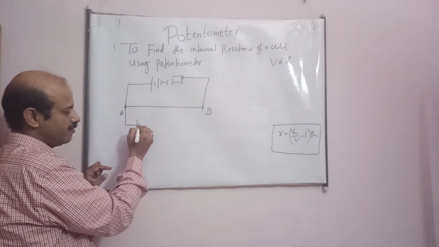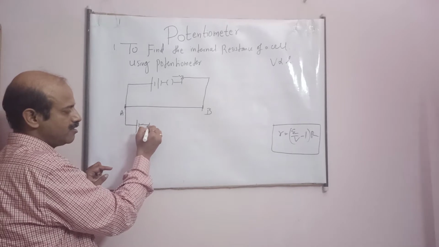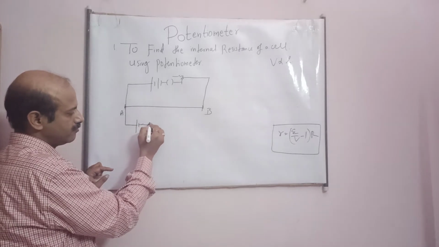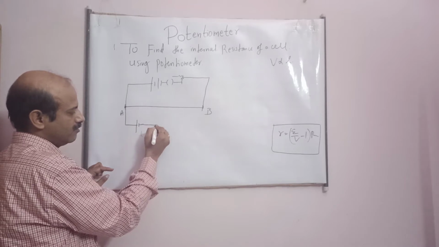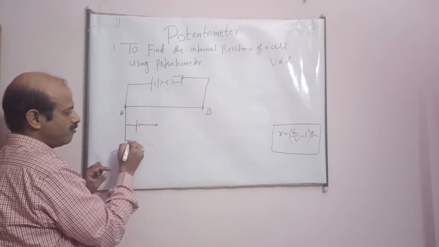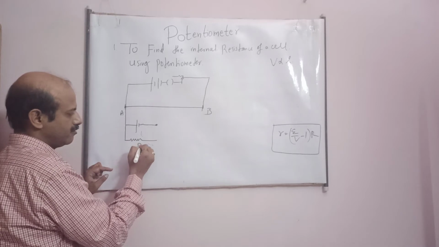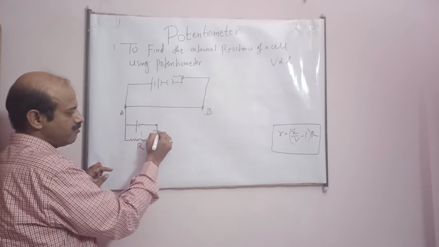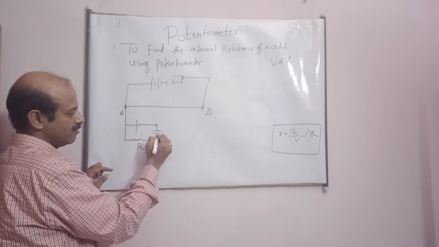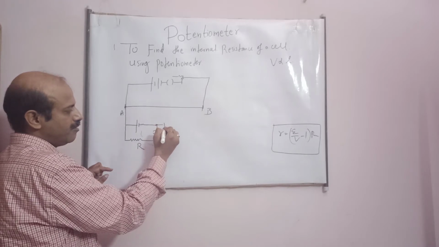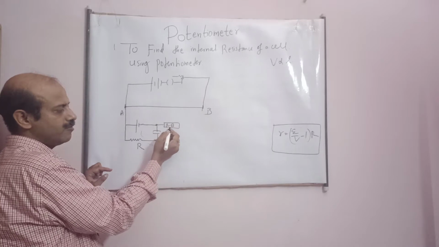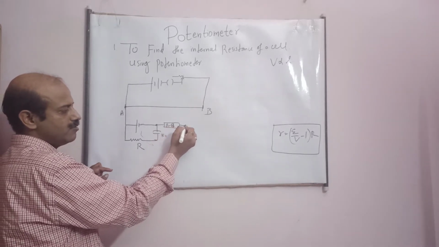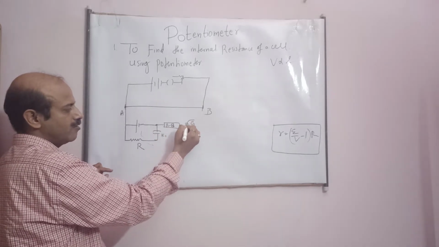One cell of EMF E whose internal resistance I want to measure. Here, student, one more resistance I will connect, and here there is one key, student. Here I have a resistance box. I have already explained that for the safety of the galvanometer this is used, and here there is a galvanometer.